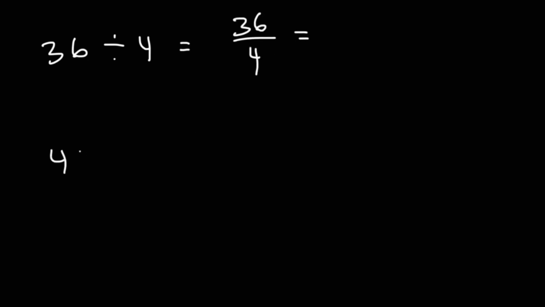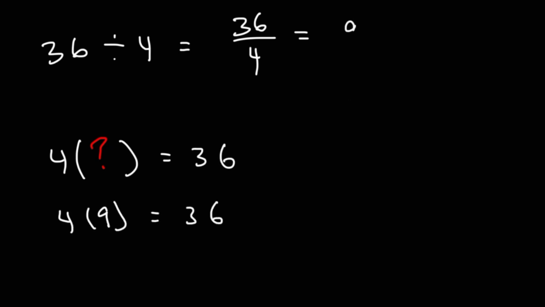If you know your multiplication table, you can use that to find the answer to division problems like these. So here's another example. Let's say we want to find 36 divided by 4, which is the same as 36 over 4. What is the answer? So 4 times what number is 36? That's the question. Well, we know that 4 times 9 is 36. So 36 divided by 4 is 9.